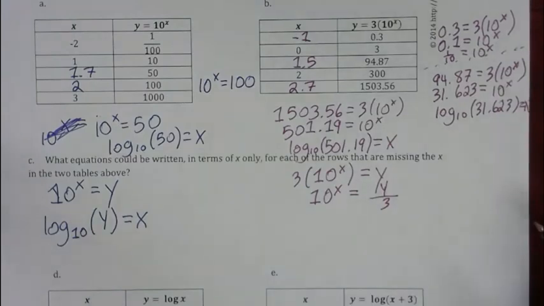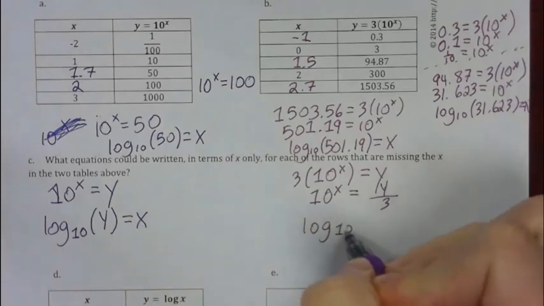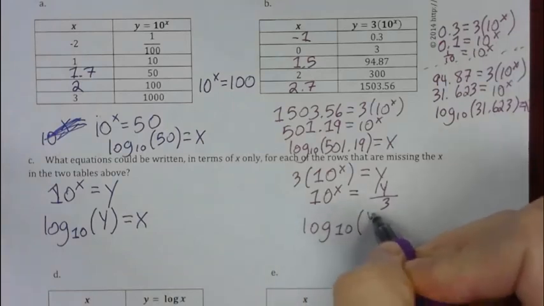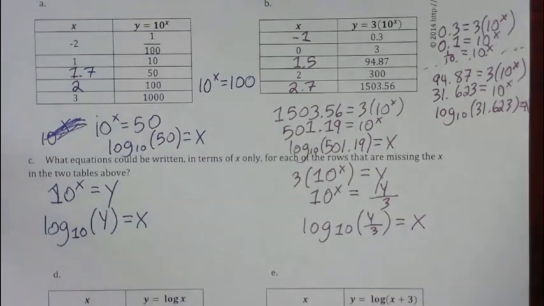That would be log base 10 of y divided by 3 is equal to x. I undid each of those parts. And these would be the inverse functions if we then just switched x and y. But we don't want to go all the way that way. We're just trying to solve these equations.